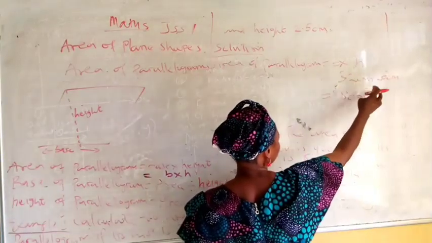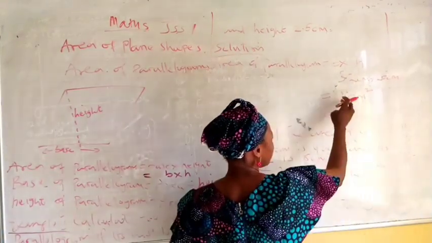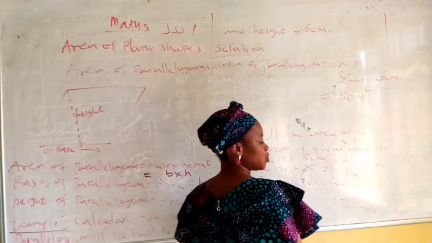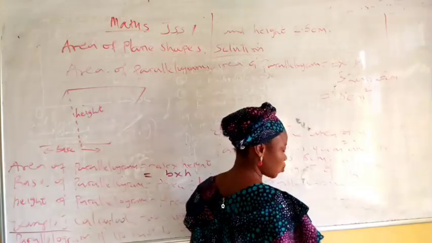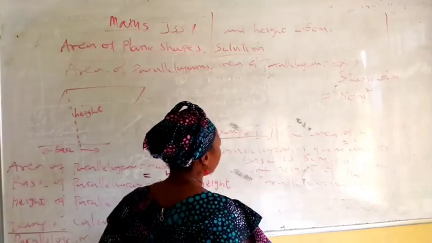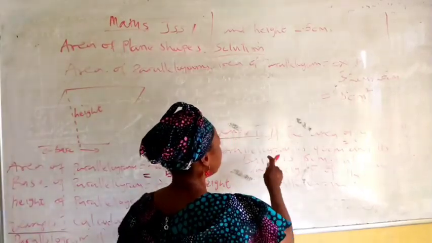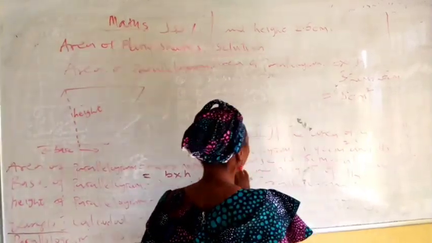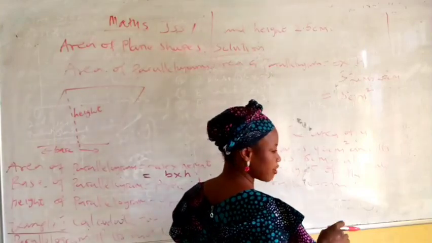Multiply 3.2 by 2.5 gives you 8.00 centimeter square.